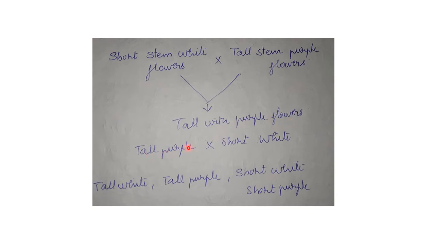Now you cross the tall purple with short white, that is, you cross the F1 progeny with the homozygous recessive, and it is called the test cross. And you will get tall white, tall purple, short white, and short purple plants. They are in the ratio of 1:1:1:1. So they show independent assortment. So the genes for flower color and stem length are not linked. If linkage was there, then you would not have got this ratio.